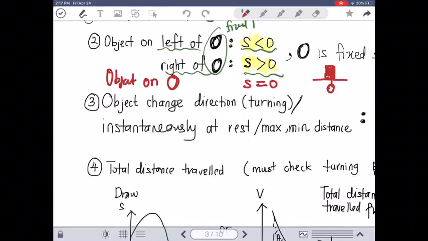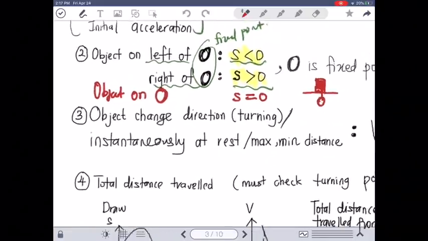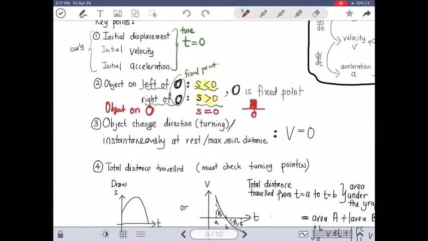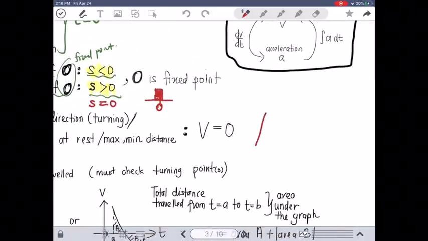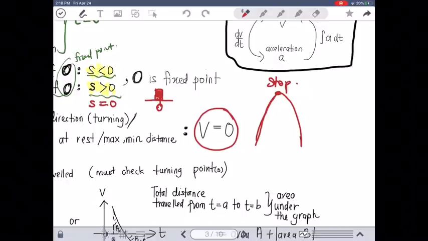Right, and then we've talked about objects changing direction, which is the turning point. When this happens, say we throw something up, it stops first, and only then does it change direction. It needs to stop. That's why v equals 0. And we know that this is the turning point. Before it turns, the object needs to stop first, so v equals 0.